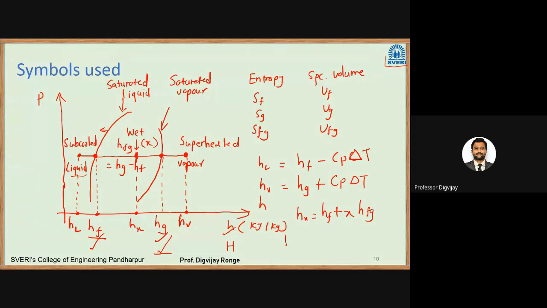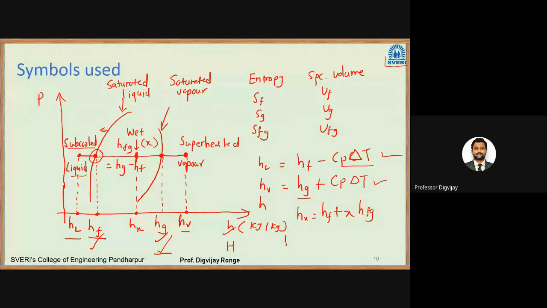If you take enthalpy in the superheated region, I have taken HV. Here the formula is that HV will be the enthalpy of gas, that is vapor, plus some quantity, Cp delta T. If you take enthalpy in the subcooled region, I have taken the symbol HL. HL will be HF, the enthalpy of saturated liquid, minus some quantity, minus Cp delta T.